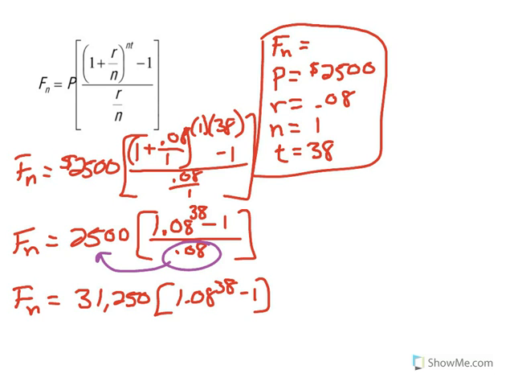This is as simple as we can get it without rounding. If you continue to put this into your calculator, you're going to get a handsome sum of $550,789.86. That's how much his account would be worth in 38 years. That's the answer to Part A.